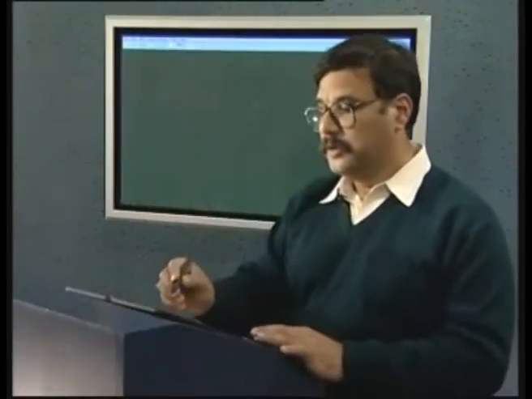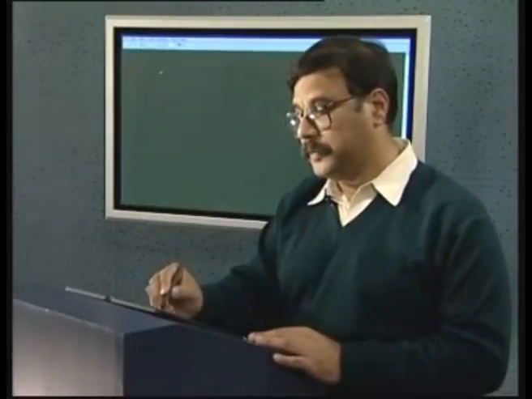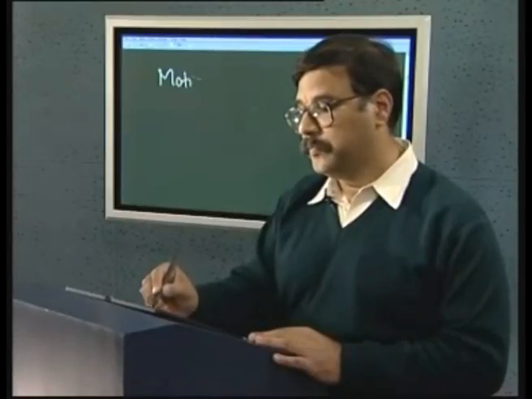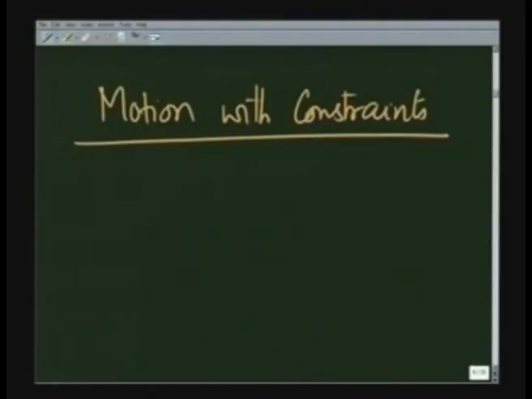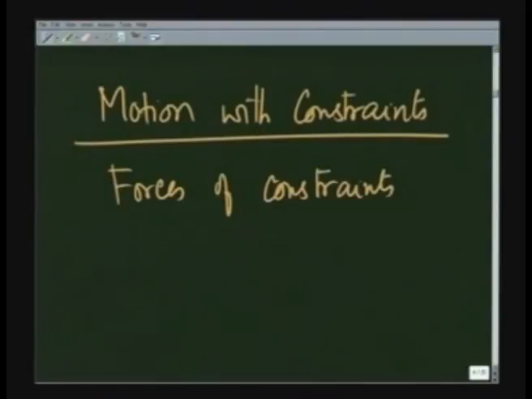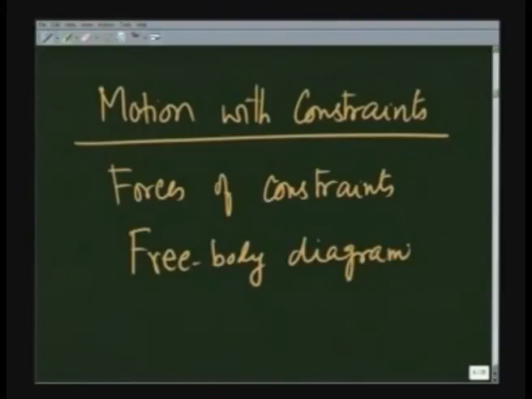After this introduction to coordinate systems, we considered the motion of single particles with constraints and learnt what forces of constraints are, what a free body diagram is, how to take constraints into account, and how to solve problems when constraints are there.